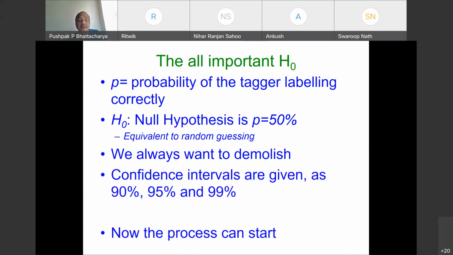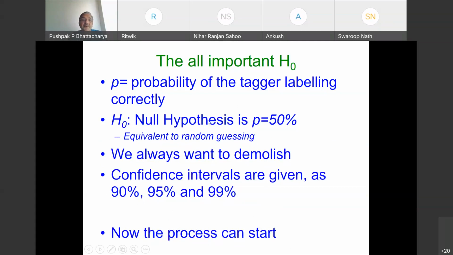Now H naught is the null hypothesis that the named entity identifier is doing random guessing. And that we want to demolish with confidence intervals of 90%, 95%, and 99%. So two things we have to start with.